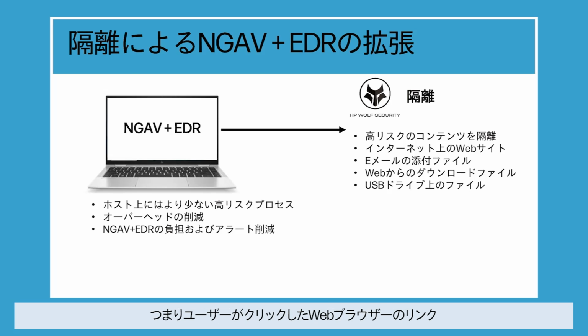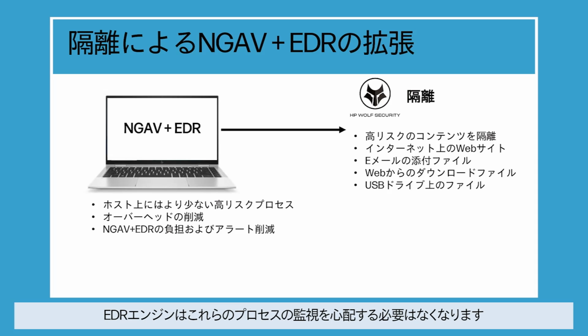If we take a lot of those high-risk processes, all of those links that users click on that open inside of a web browser, the email attachments that come from external senders, the files that a user might open from a USB drive, and we open those files and open those links and email attachments inside of an isolation container, your EDR engine no longer has to worry about monitoring those processes.